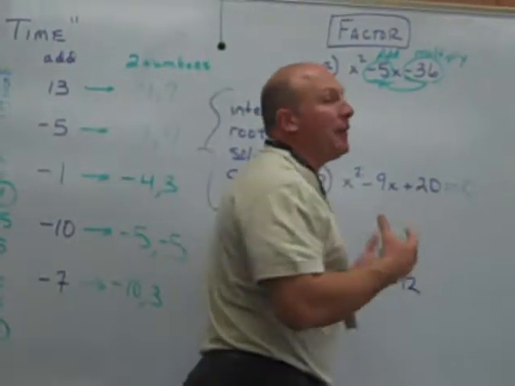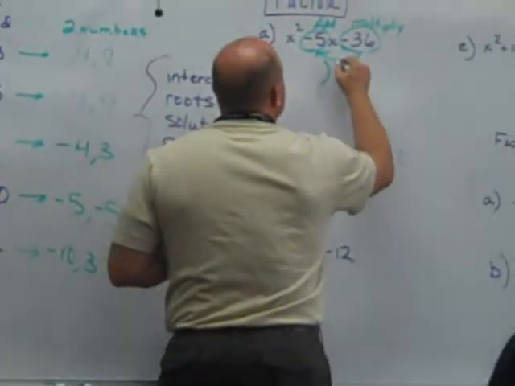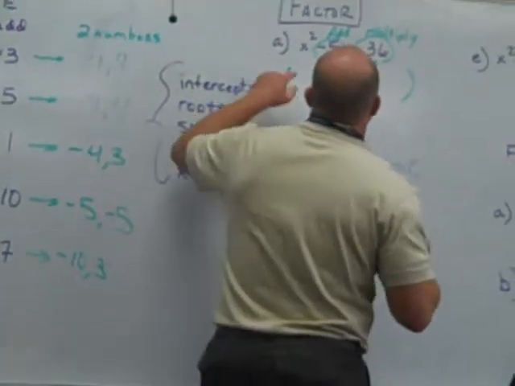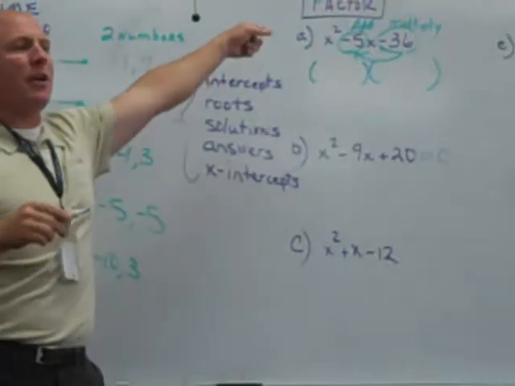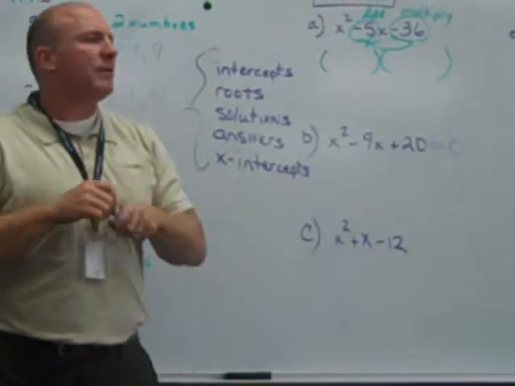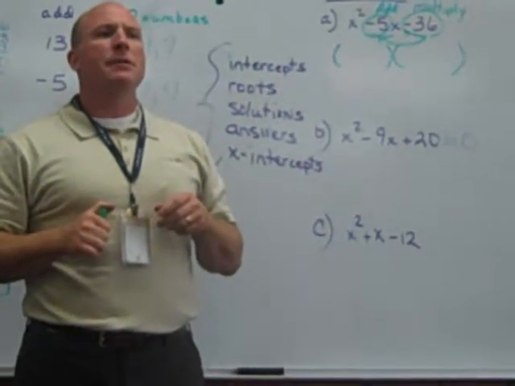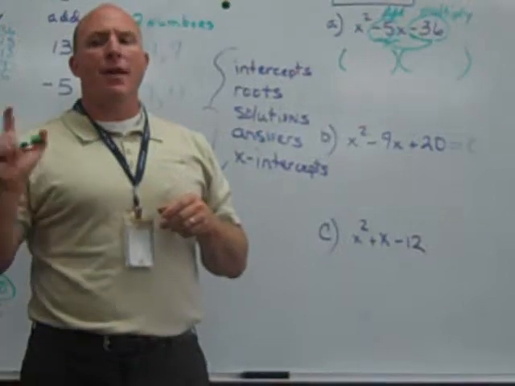So, how am I going to write this? Well, you are going to break this up into two binomials. This is considered a trinomial. We'll spend more time on that in the near future. But a trinomial. Anybody know what separates terms?